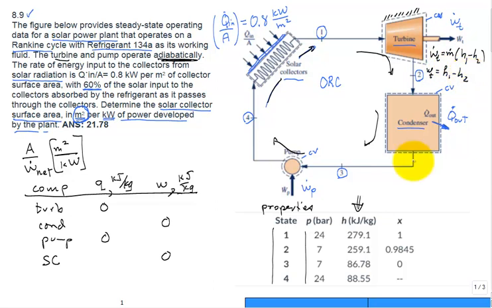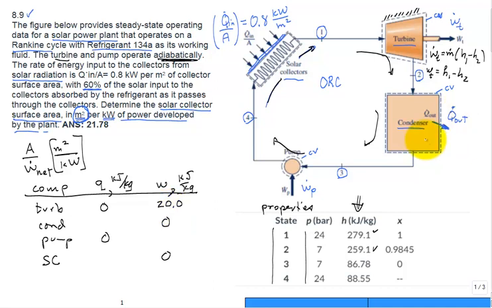So that's what you have to do for each of these components. Let me finish out the value for the turbine. You have the h1, and then you subtract the h2, and you get the work that the turbine produces per kilogram going through the turbine, 20 kilojoules per kilogram.